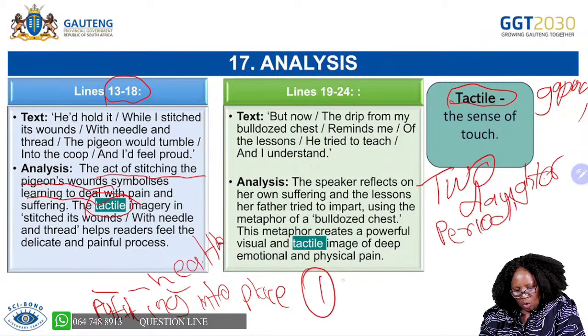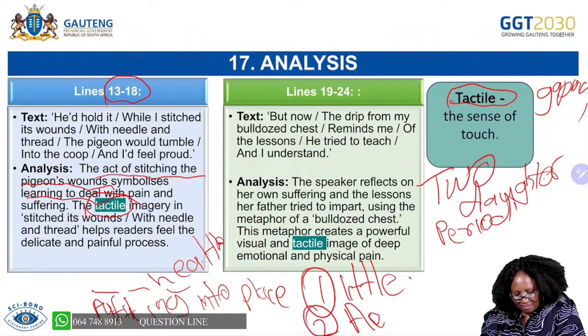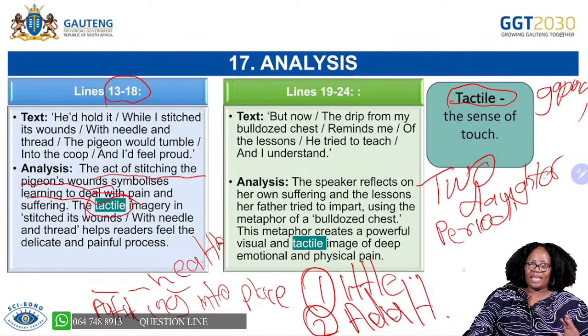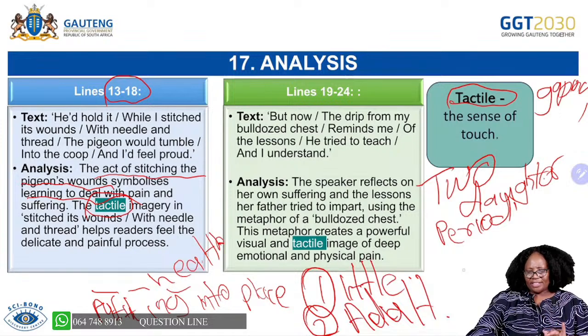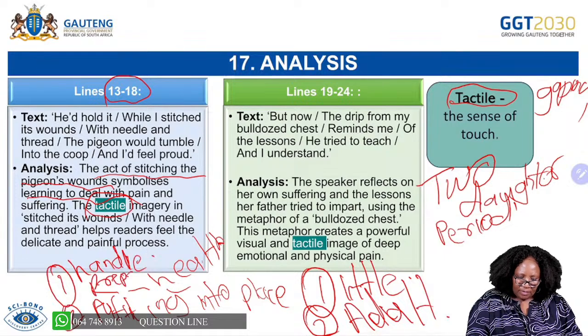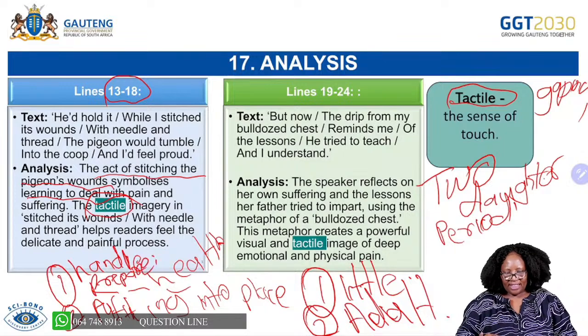One, when the poet was a little girl, and now she's an adult. And as an adult, she's going through a rough patch of being sick. She's suffering from cancer. She looks back and says, my father taught me to do what? To handle pain, as he wanted to prepare me for the harsh life that we are leading now.